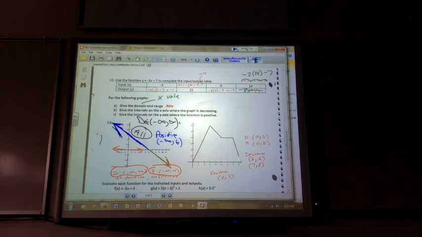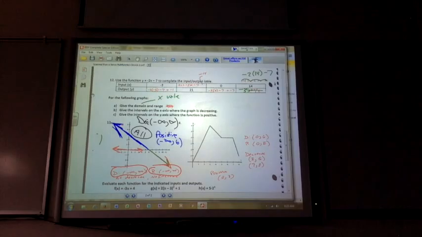If I were to plug an x value in on values that are from negative infinity to positive 6, every one of those answers is going to give us a positive answer. As soon as I go beyond 6, I get to 6.0 with infinite 0's and a 1, that gives me a negative y component. So where's the positive? Positive values are above the x-axis. That's a big concept to see.